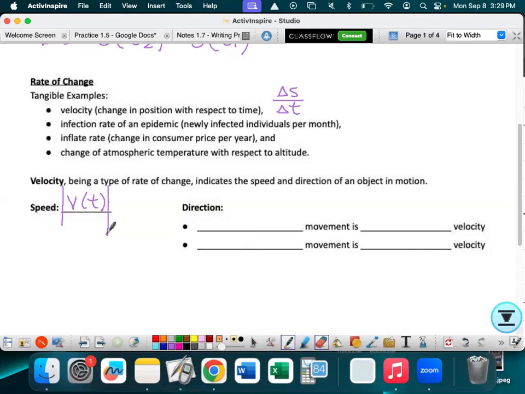Direction, I kind of already spoke about that a little bit, but when we are moving forwards or up, so forward motion or upward motion, you have positive velocity. And then backwards or down, that would be negative velocity.